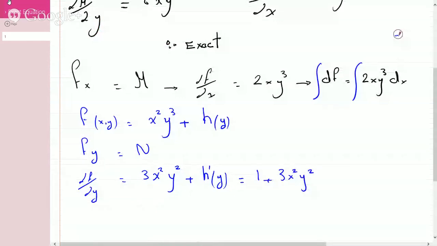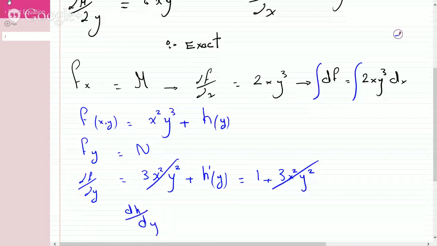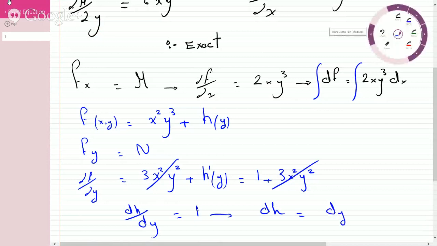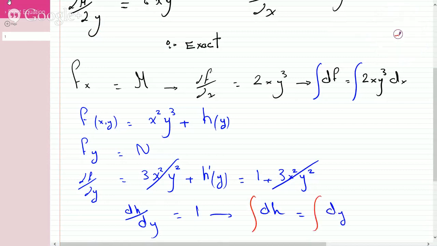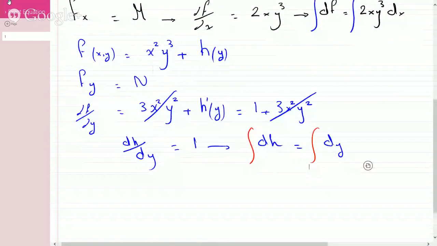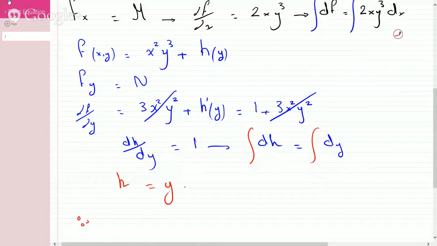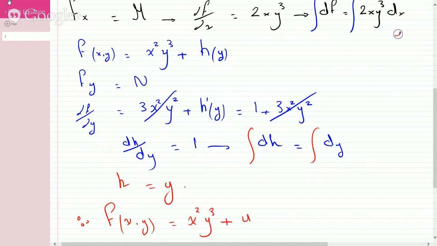And these two go away, and then we get dh over dy, which is h prime of y, equal to 1, which means dh is equal to dy, and then if we integrate both sides, we get h equals y, and therefore our f is now fully characterized as x squared y cubed plus y, equaling some constant c.